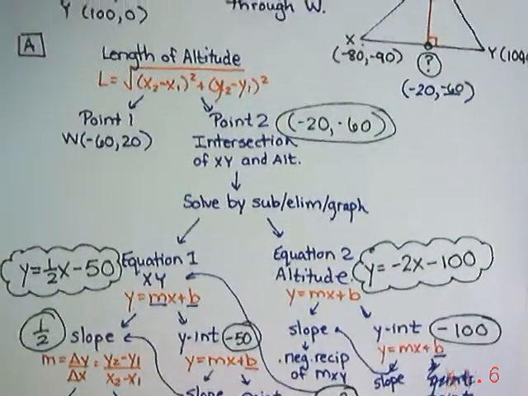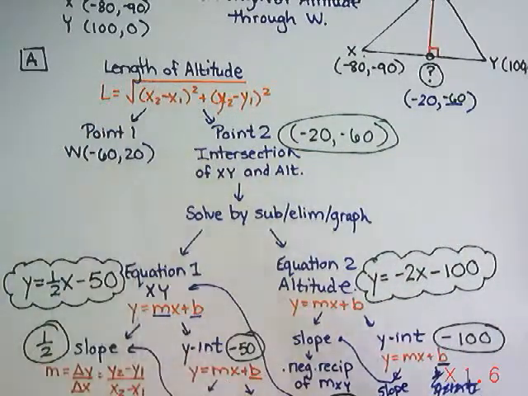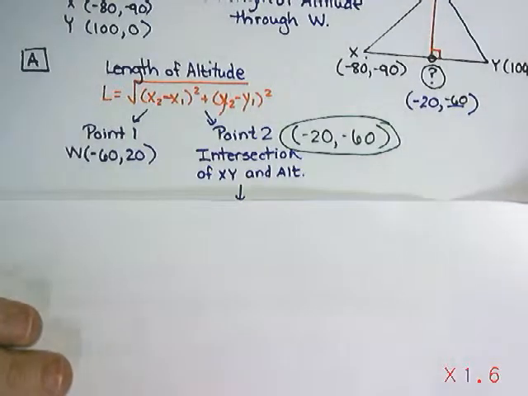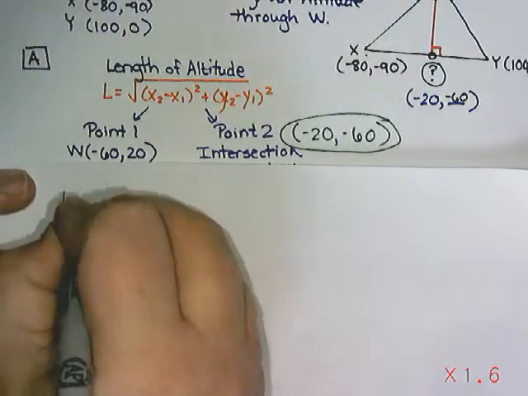So the only thing left to do is calculate the length using my 2 points. So we're going to find the length of the altitude. I'm going to do that here. So the length of the altitude between those 2 points.